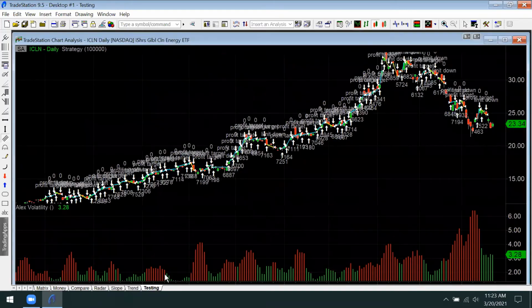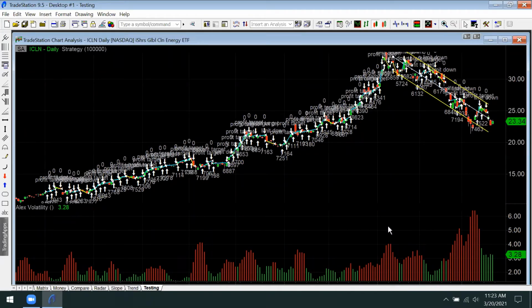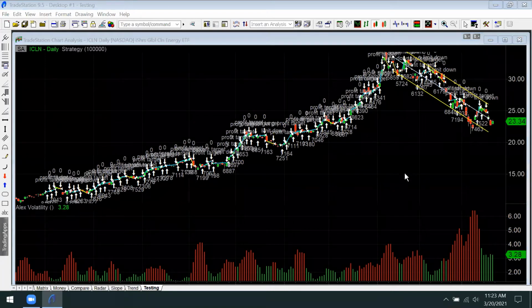One more thing I watch is called ICLN, and there it is right there. I'm a little interested in ICLN, and I am watching it because way back here it started going down, and it's been going down. My volatility indicator with all this red right here says don't trade.